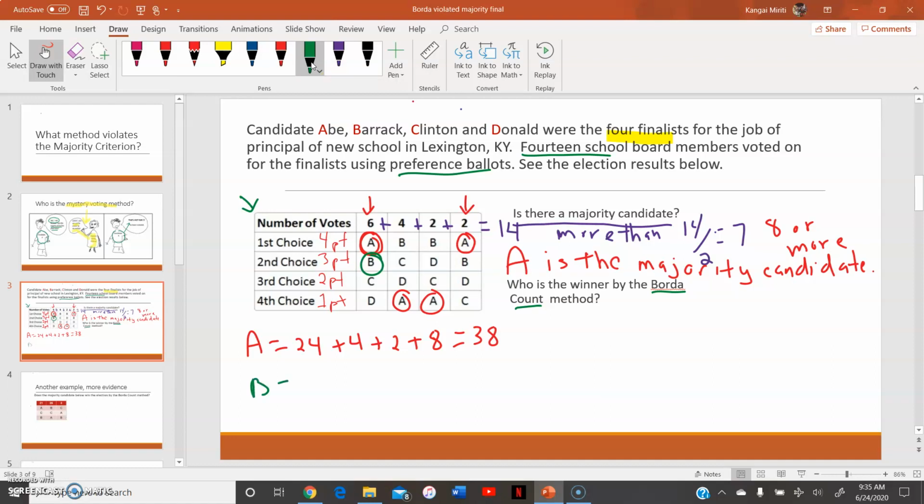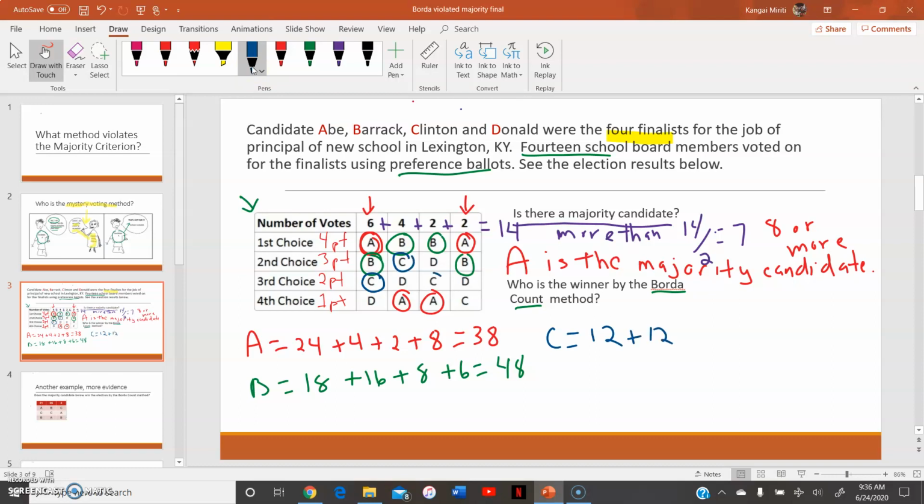And then let's look at B. Well, B would get 18 plus 16 plus 8 plus 6 for a total of 48. And C would get 2 times 6, 12, plus 12, plus 4, plus 2 for a total of 30.